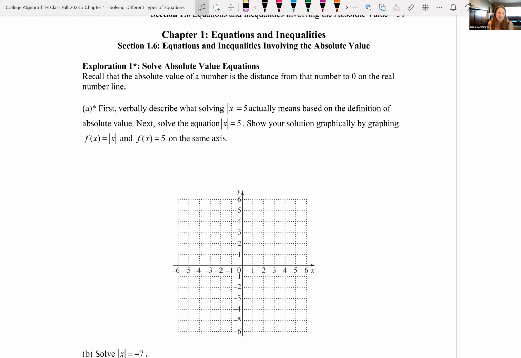Well, if I have the absolute value of x is equal to 5, above it said that was the distance between 0 and 5 on the number line. Well, the distance between 0 and 5 on the number line is 5. But there's another distance that gives us 5, which is the absolute value of -5. So there's two values that would work, right?